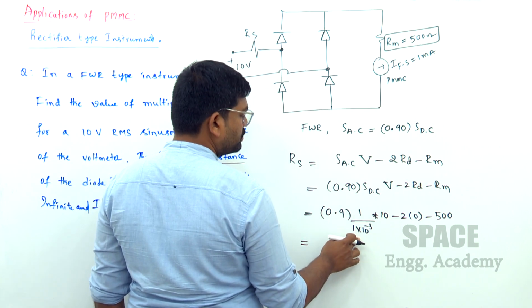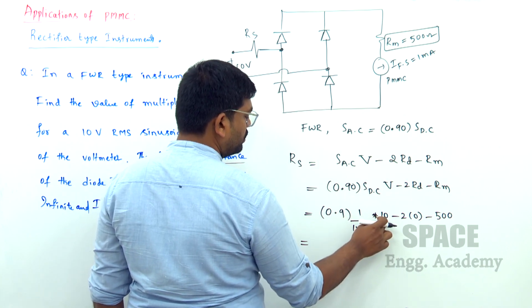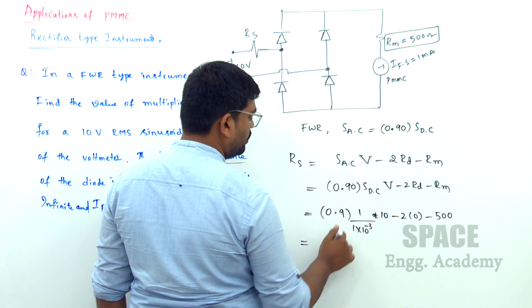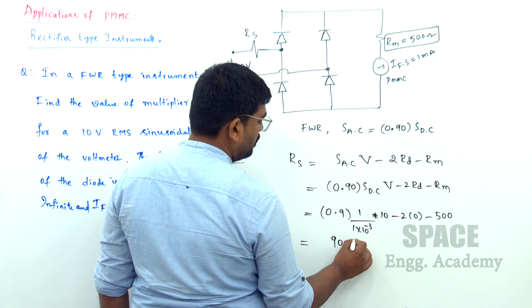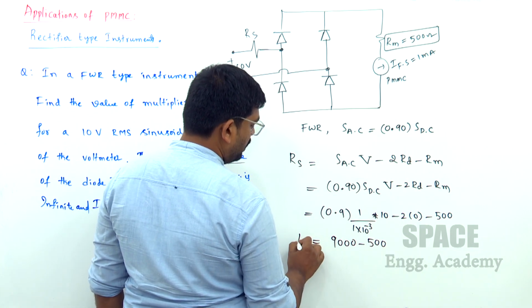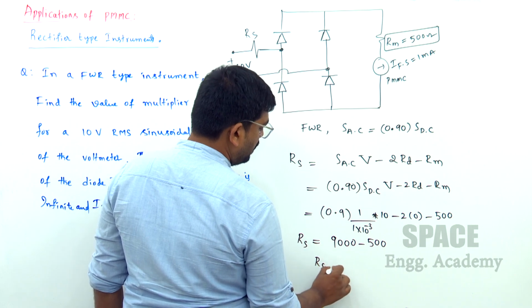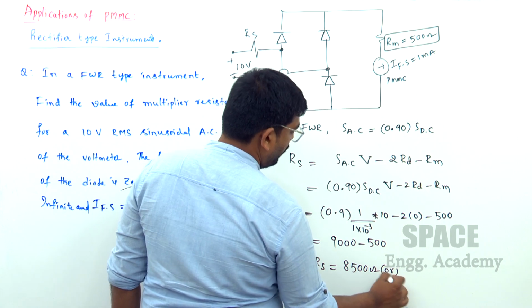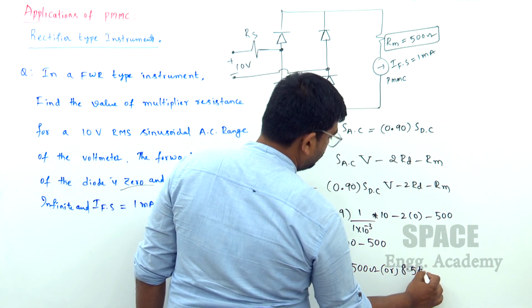So, here 0.9 into 10 means 9. So, you take 10 power minus 3 numerator. So, 9000 we will get minus 500. So, what will be the result for RS? RS we can write it as 8500 ohms or 8.5 kilo ohms.